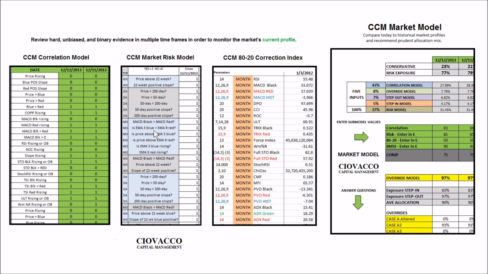The sub-models allow us to get a handle on the market's current profile, and the master CCM market model then looks at the current profile, compares it to past profiles, and recommends a prudent allocation between risk assets such as stocks and conservative assets such as bonds. Conservative assets can consist of cash, bonds, currencies, or any number of investment options.